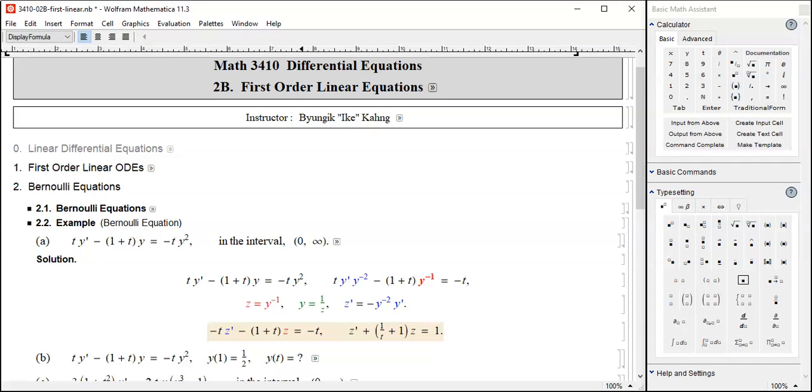Looks like I'm getting this equation. Negative, negative, negative, we can reduce all those into positive. Then divide each term by t, and we have the standard form. Then you can apply the integrating factor method, solve for z, and once you get z, you can retrieve y from here.